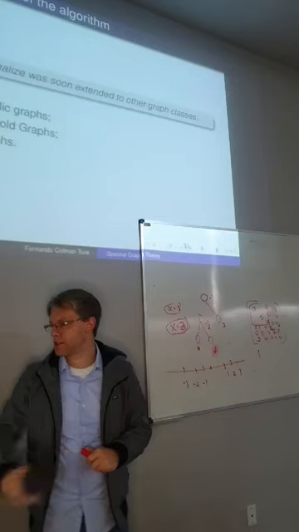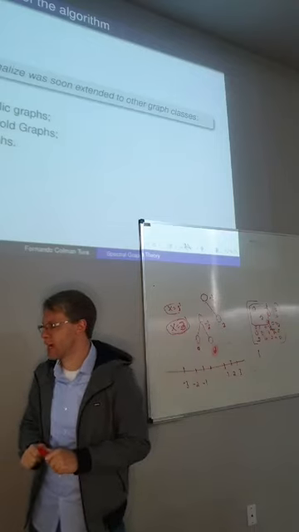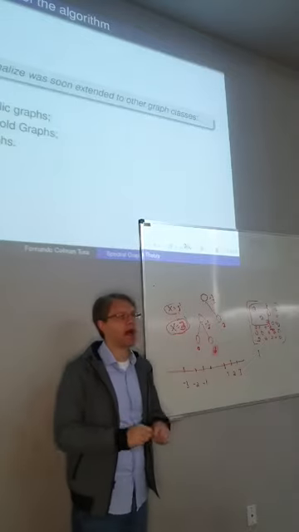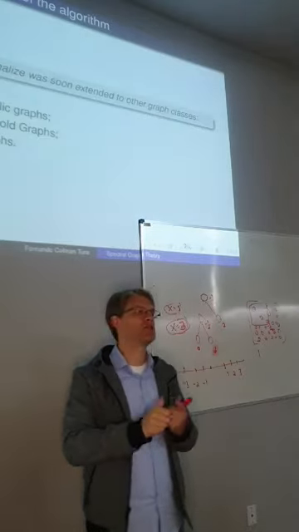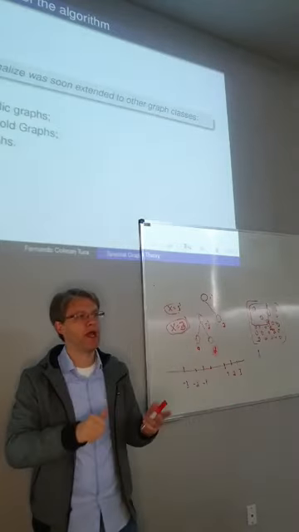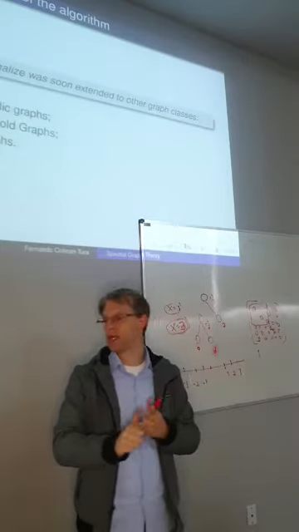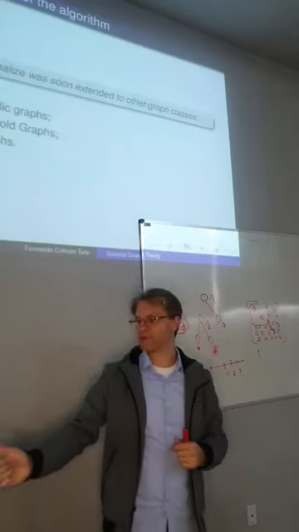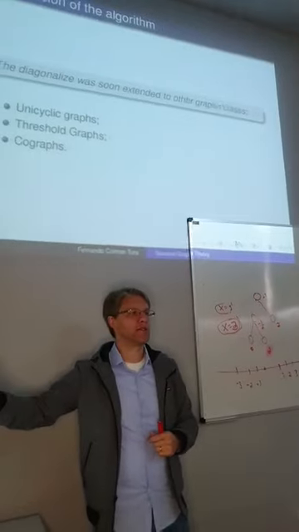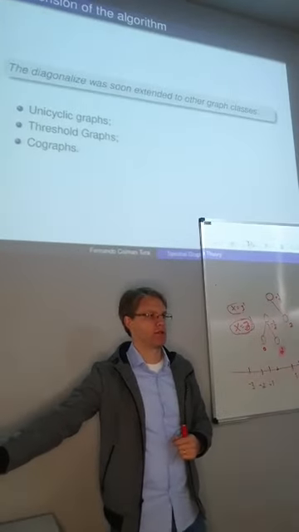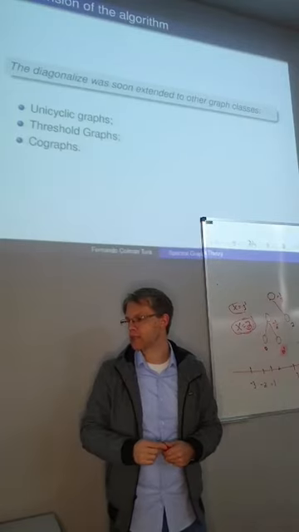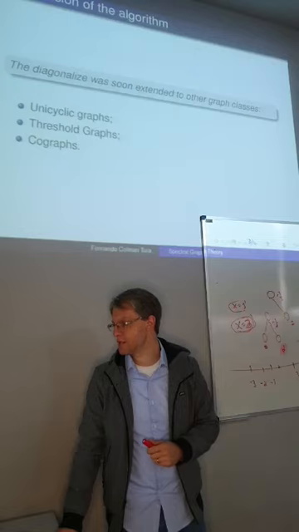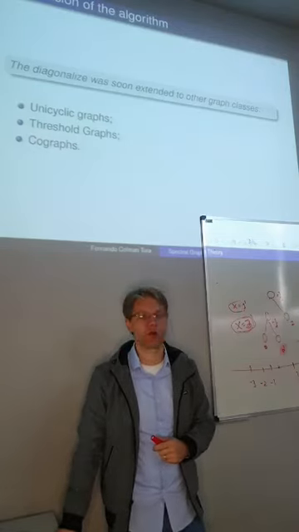Maybe you don't know what threshold graphs and cographs are, but threshold graphs are graphs which don't contain P4, C4 and 2K2 as induced subgraphs. Okay? Cographs contain the class of threshold graphs. In this talk, we'll just see the diagonalization algorithm for cographs.